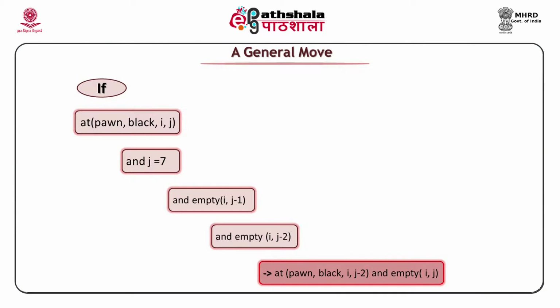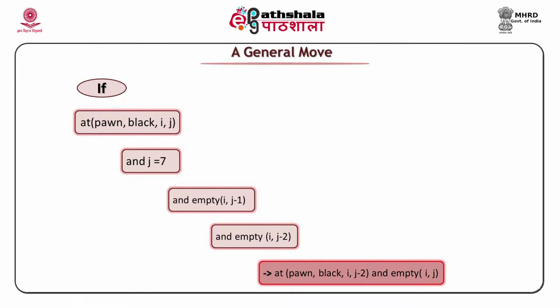So, let us first of all begin with the state space definition that we already have on the slide. Look at that. It says if at pawn black i j, that means there is a black pawn at position i and j equal to 7. Now, if you look at that figure, it is the initial position. When j is 7, it indicates that it is the initial position of that black piece.